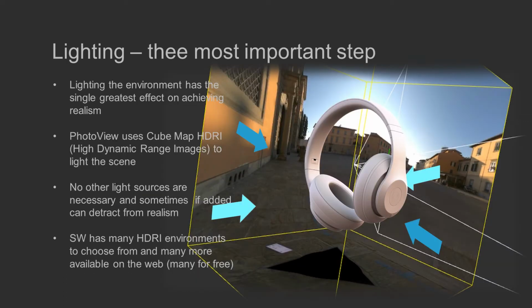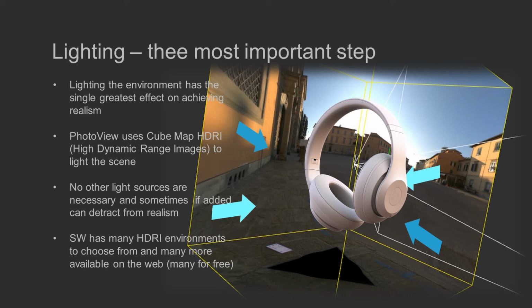As I said before, lighting is probably the most important step that you can take in doing a photorealistic rendering or animation. The lighting in PhotoView comes from the environment, and in PhotoView you have an HDRI cube map.